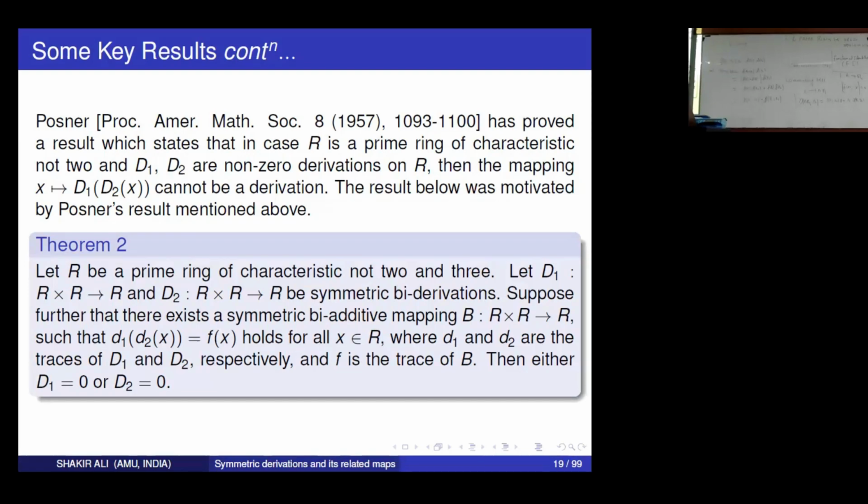That means there is no non-zero symmetric bi-derivation on a prime ring of characteristic different from 2.